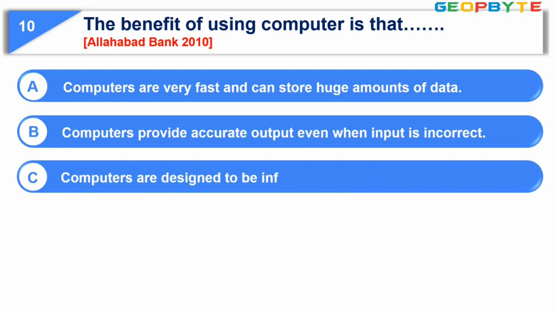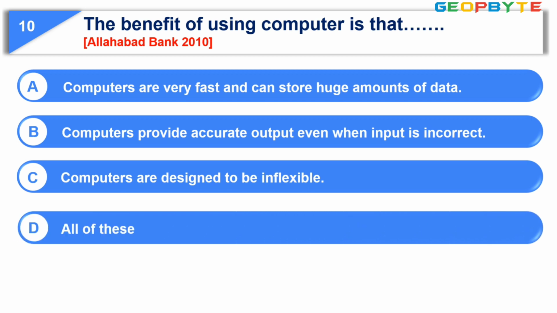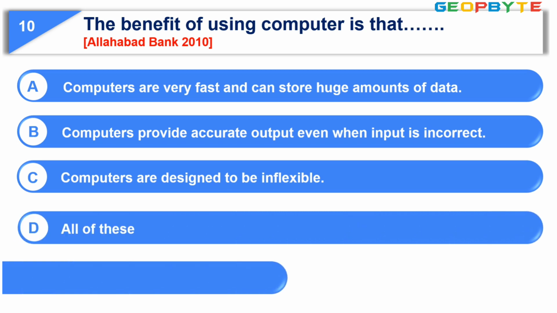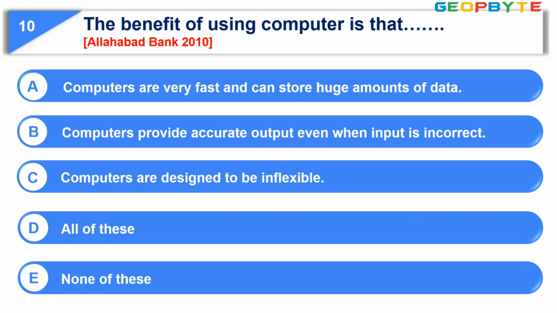Option C, computers are designed to be inflexible. Option D, all of these. Option E, none of these. And the correct answer is option A, computers are very fast and can store huge amounts of data.